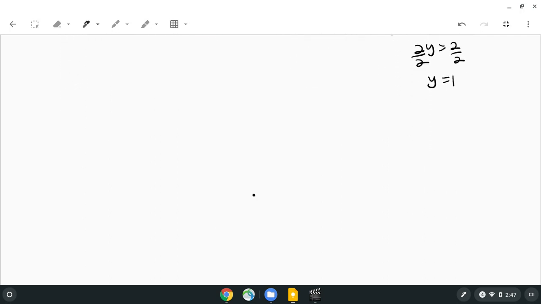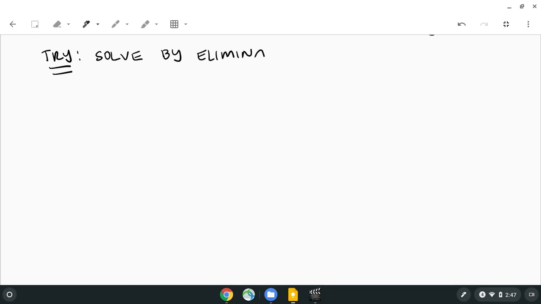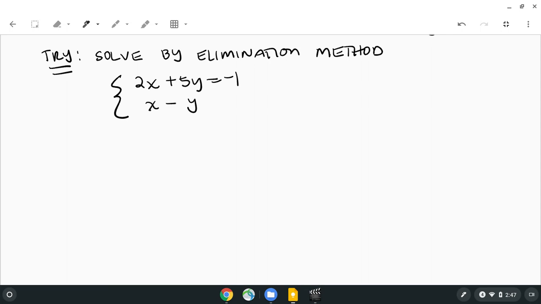I want you to go ahead and try it. Then we'll look at one more example after this. So go ahead and try this one. Solve by elimination method. Suppose that you have this system here: 2x plus 5y equals negative 1, and x minus y equals negative 4.